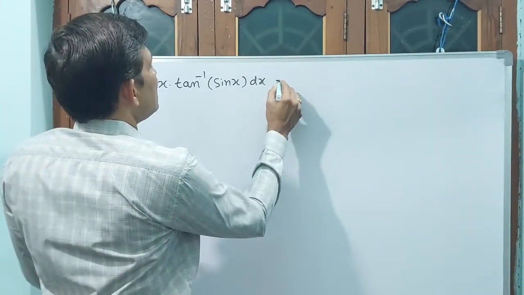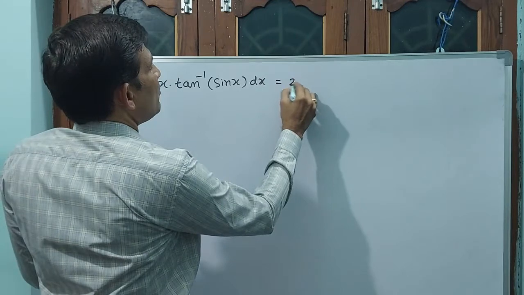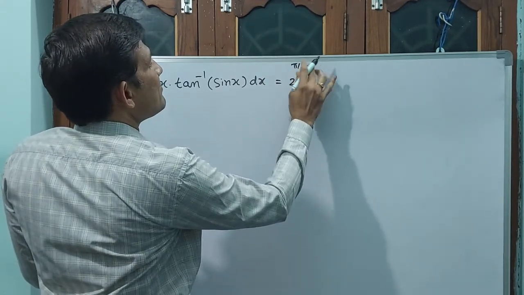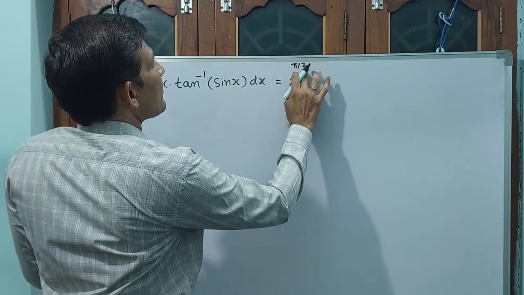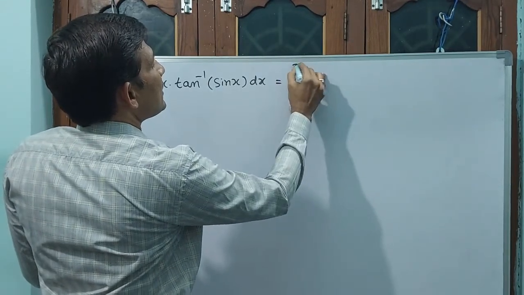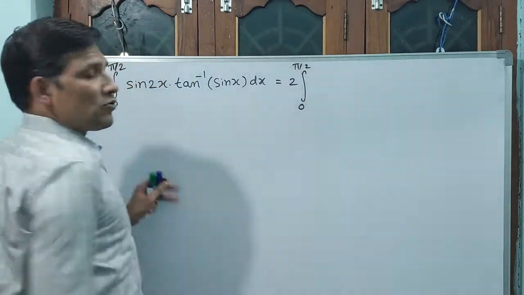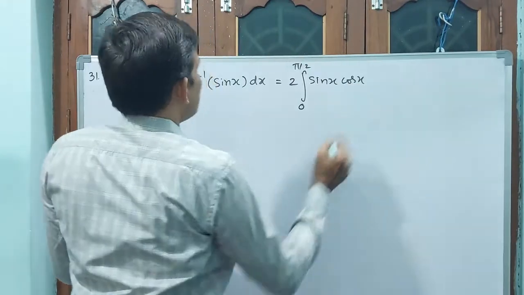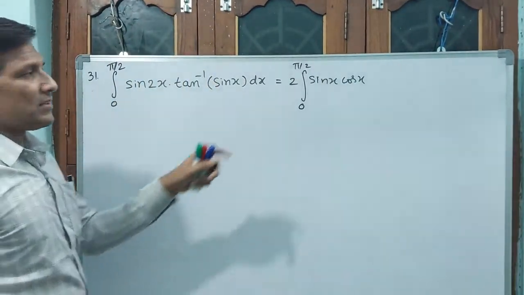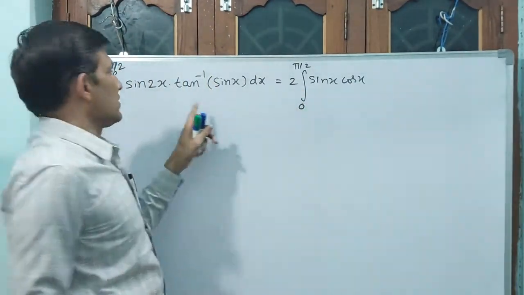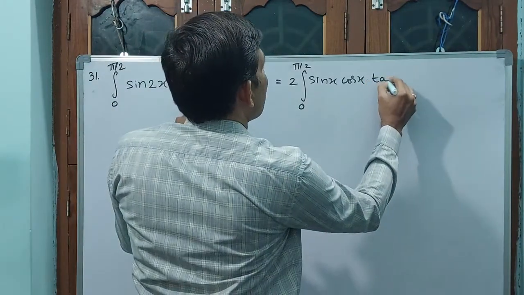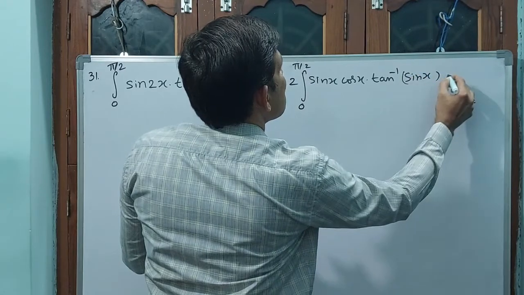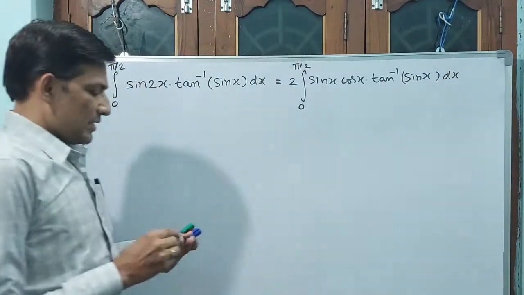That is equal to 0 to pi by 2, 2 times sin x cos x, since sin 2x is 2 sin x cos x. 2 is a constant, that is why I have taken it outside. But still tan inverse of sin x dx is there.